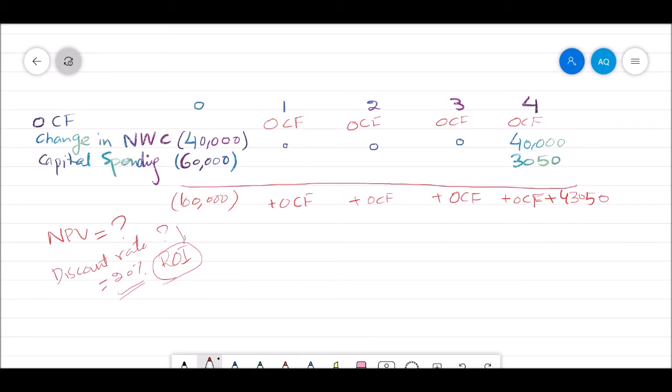What will be the NPV on minimum return on investment? So we know the NPV rule. If it is positive, accept the project. If it is negative, reject. If it is 0, then what? It depends.